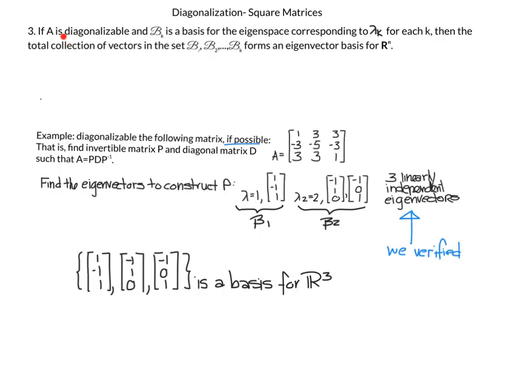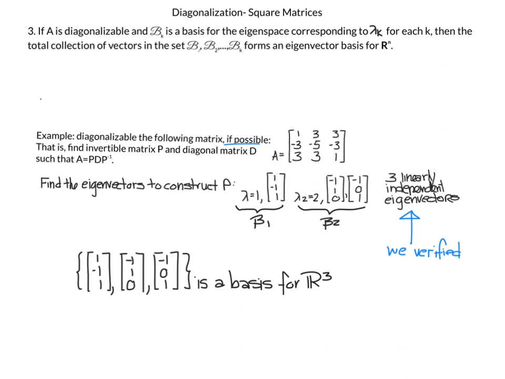Here I've moved the theorem to the top of the page again, and I have the previous example we had done with A equal to 1, negative 3, 3; 3, negative 5, 3; 3, negative 3, 1. Our first eigenvalue, eigenvector pair was lambda equals 1 with basis 1, negative 1, 1 for the eigenspace.